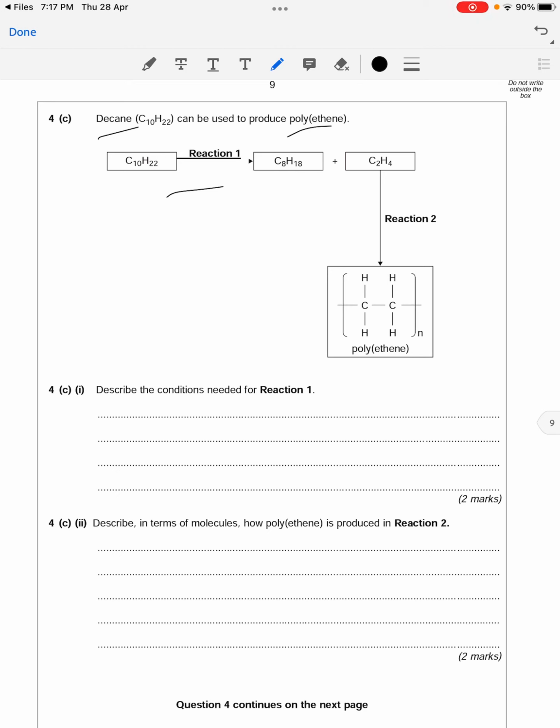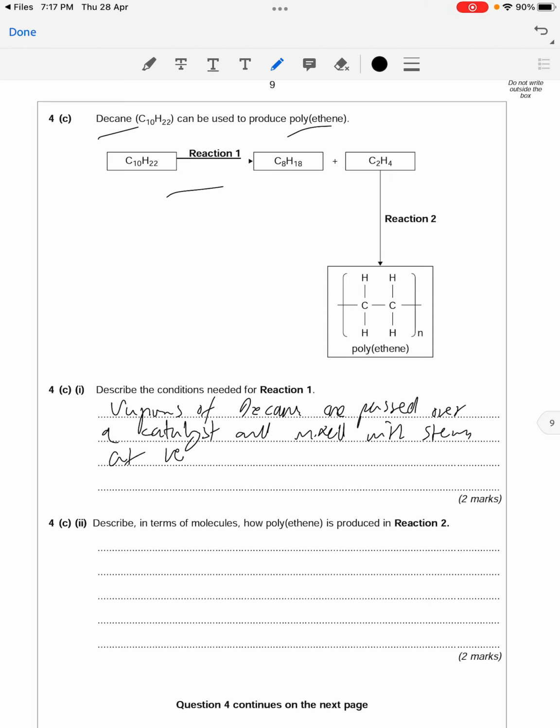The vapors of decane are passed over a catalyst, and mixed with steam at very high temperatures.